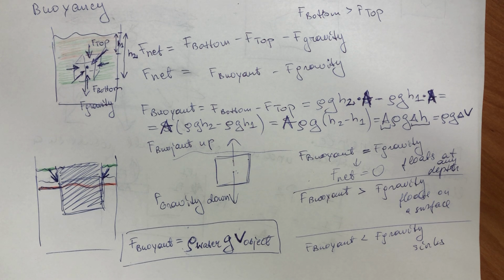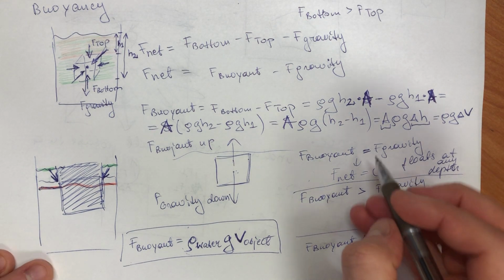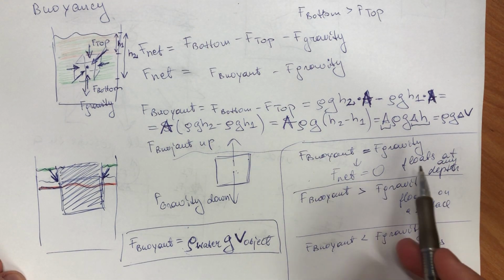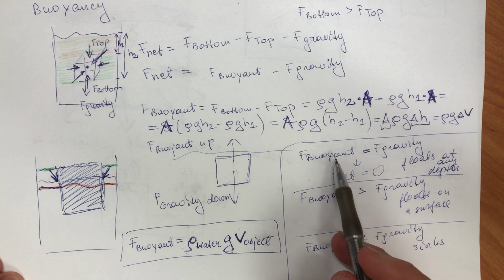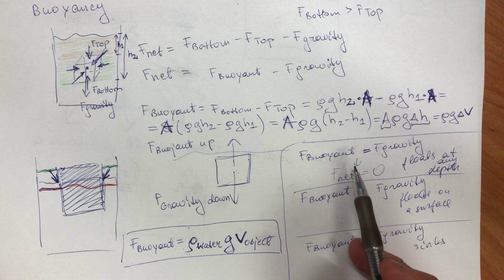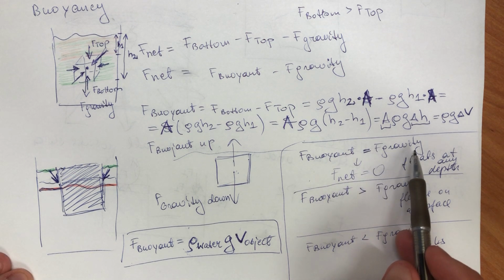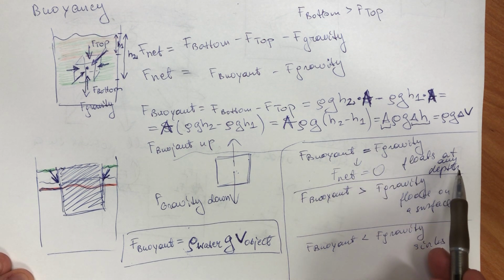Another thing that we were seeing here with the forces: we wrote that if F buoyant force is equal to F gravity, the object floats at any depth.